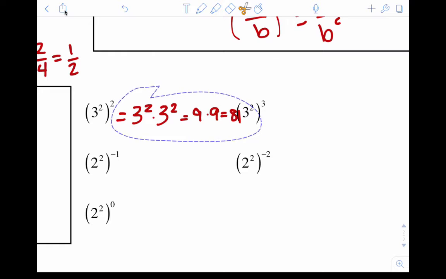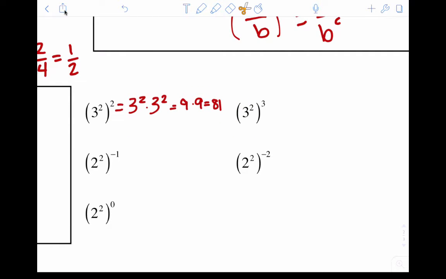Now, if I were to write the 81 as a power of 3, with 3 as my base, I would have 3 to the 4th. Now, there's a couple different ways that I could have looked at this problem. Instead of seeing that as 3 squared times 3 squared, I could have looked at that as 9 squared.